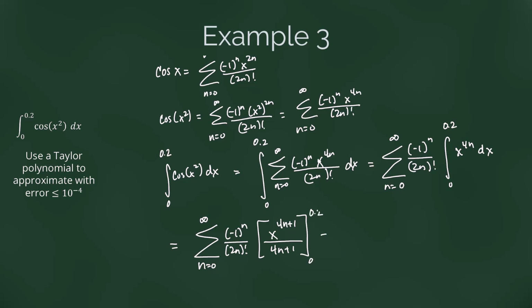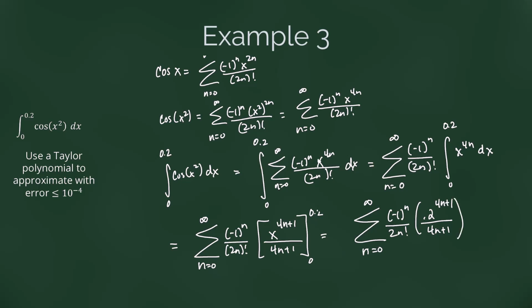And so when we plug those values in, we end up with this sum: the sum from n equals 0 to infinity of negative 1 to the n over 2n factorial times 0.2 to the 4n plus 1 over 4n plus 1.